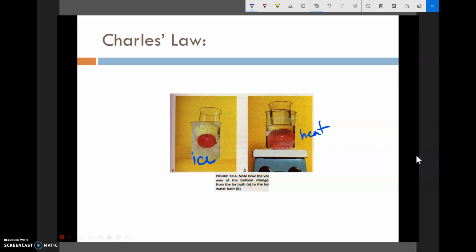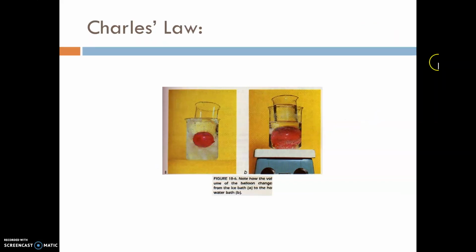So as my temperature is lower here, notice the volume of the balloon is lower. On the opposite side, on the right side, notice that the temperature is higher because this is on a hot plate. Notice the balloon volume. It's a lot larger than the one on the ice. Okay, and that's showing Charles' law.